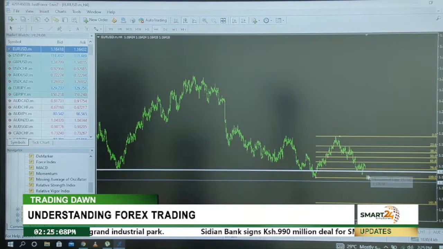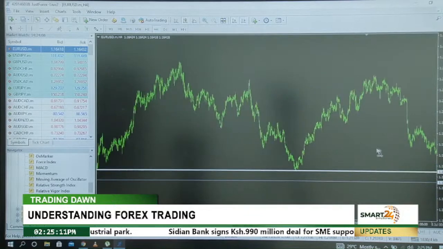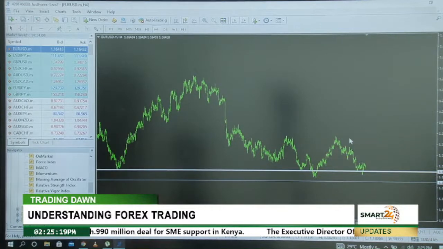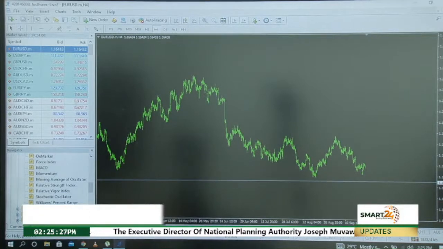So a very strong support level has been broken, and that is quite interesting. It is good news, because you have a continuing trend. The trend hasn't yet stopped. So that's for the Euro USD.